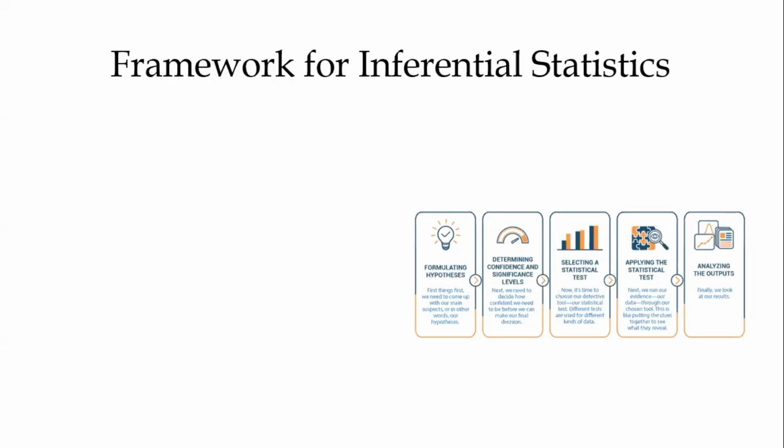Inferential statistics have been described by various individuals over time. Perhaps the oldest and the most commonly used method, or framework, of inferential statistics is what is referred to as the null hypothesis significance test, NHST.